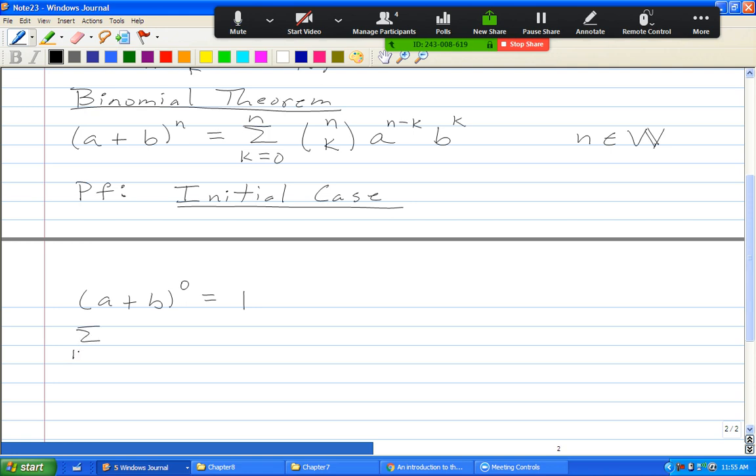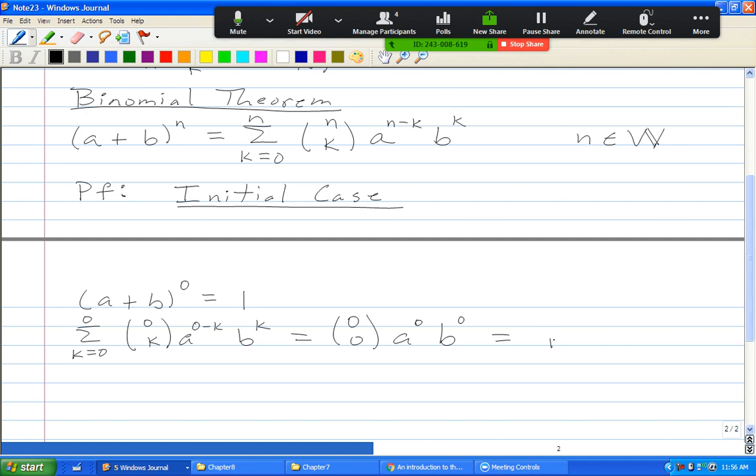Next, let's check if this gives me the correct answer. a to the 0 minus k, b to the k. Well, you just plug in 0, so that's 0 C 0, a to the 0, b to the 0. 0 C 0 is just 1 by the properties we gave you for Pascal's triangle. a to the 0, b to the 0, again, those are 1.